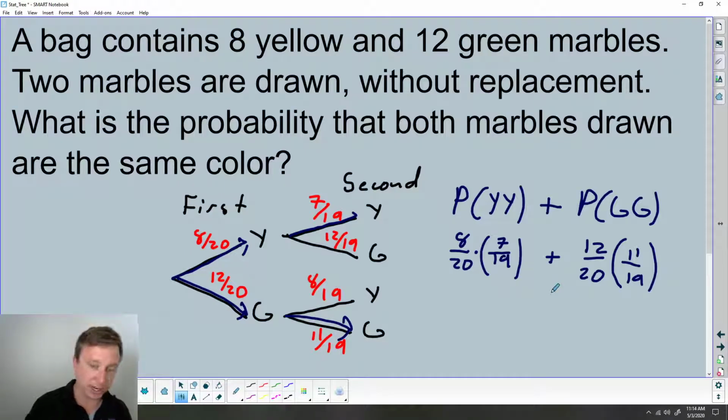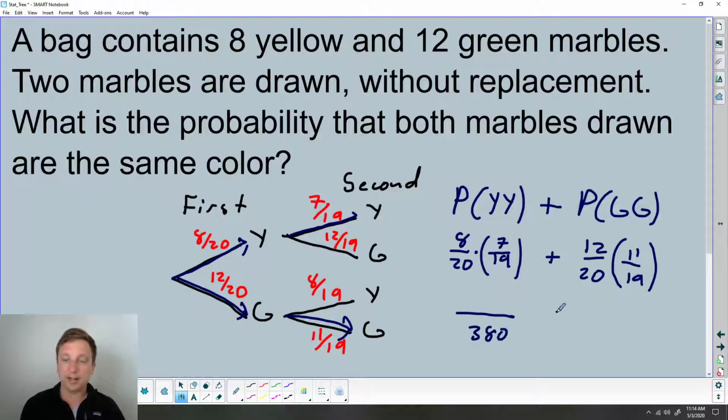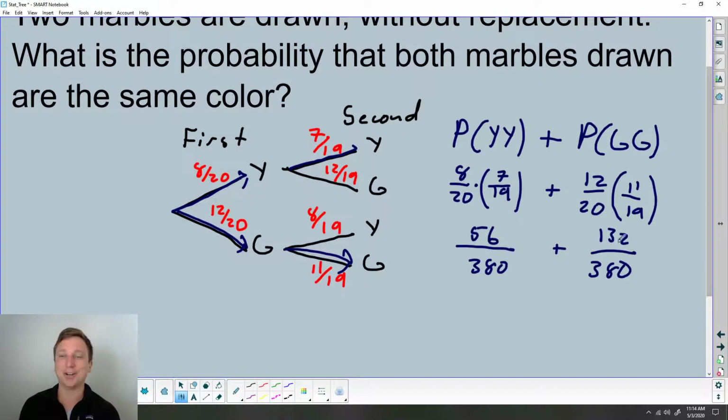Real quick, let's look at what 20 times 19 is. It's 380. So of the 380, with common denominators here, which is nice, 8 times 7 makes 56. 12 times 11 makes 132. Whoops, I don't do well on the spot here. This pressure. 132.